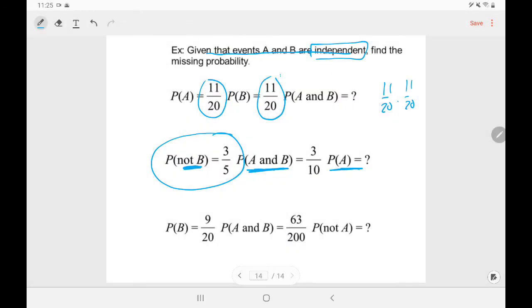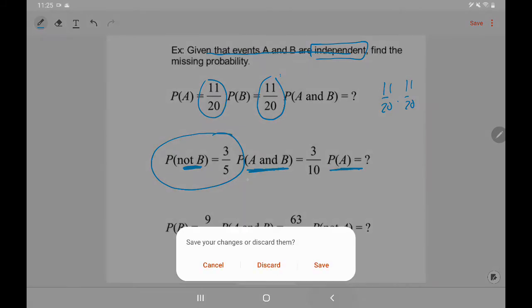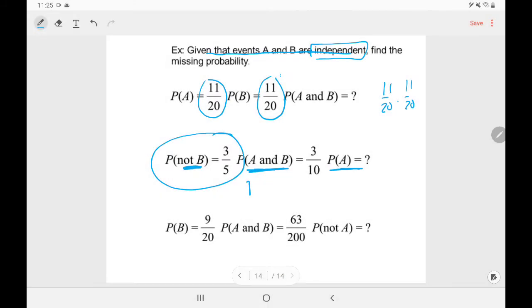Then what we would do is say the probability of A and B happening, using the notation A and B, is 3/10, which equals the probability of A times the probability of B. How would I calculate the probability of A? I can fill in what I know. 3/10 is equal to the probability of A, which I don't know, times the probability of B, which you might say I don't know either.